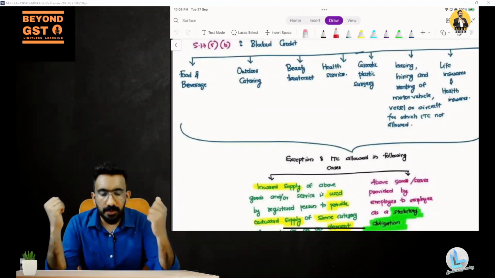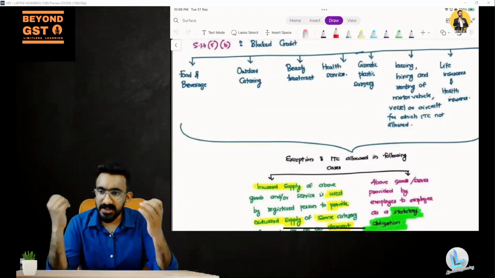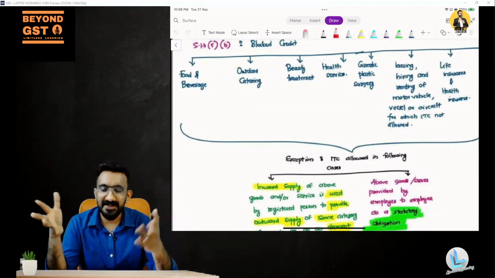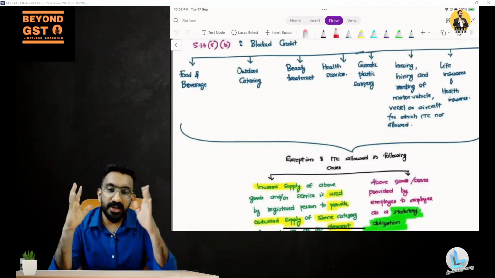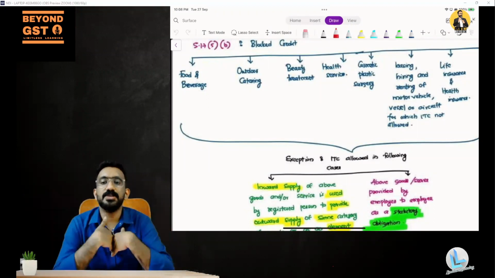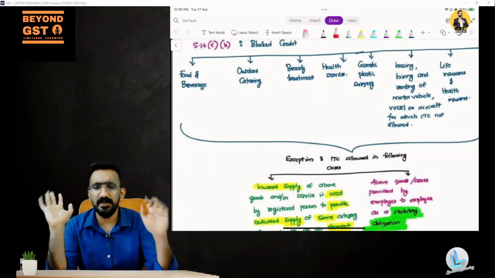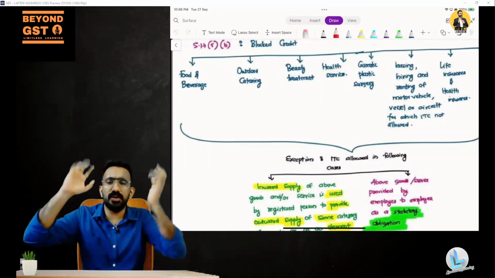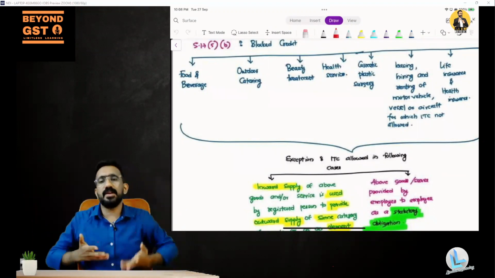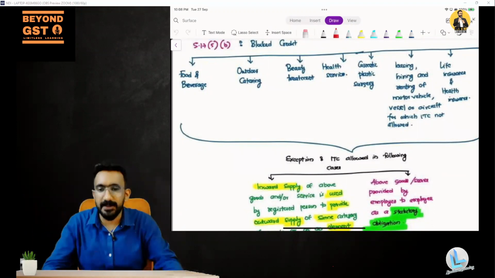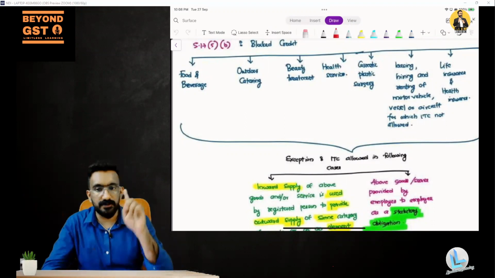If I allow people to take credit on whatever restaurant expenses they have in their businesses, nobody in India will have food for their personal purpose. Everybody's breakfast, lunch, and dinner will be accounted in my books. Take credit. This is what will happen. So they said it's a block to credit, food and beverage.